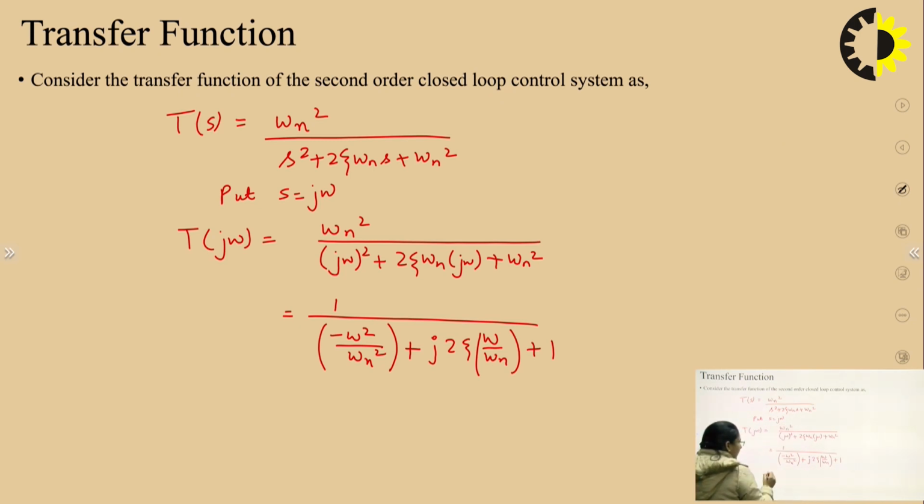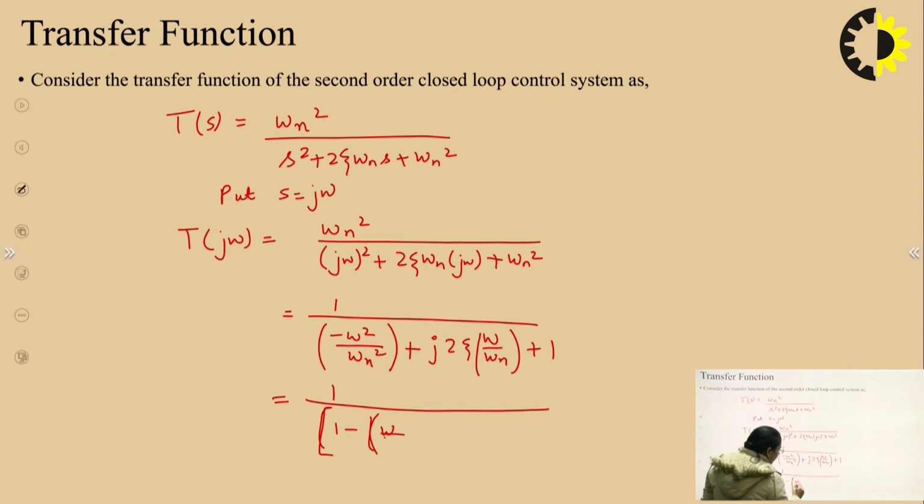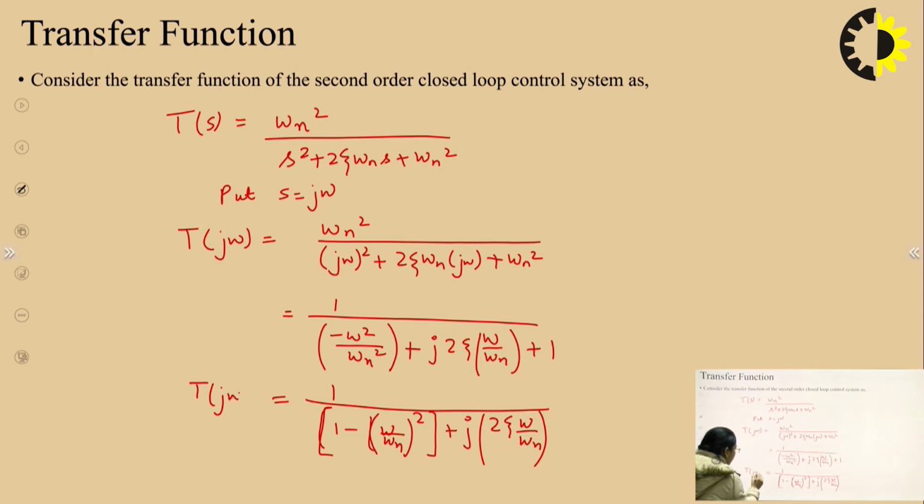Or I can write this term as 1 upon 1 minus (omega upon omega n) whole square plus j 2 zeta omega by omega n. So this is T(j omega), the transfer function.